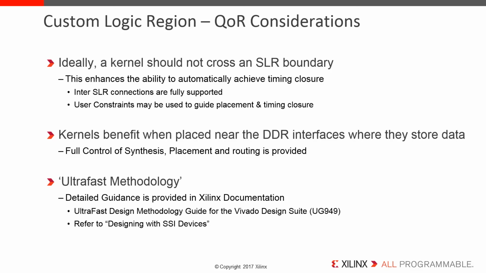These techniques allow the design to more easily and automatically close timing during logic placement and routing. Following recommendations is a good idea. However, even if your kernel violates any and all recommendations, the Xilinx UltraFast methodology guide shows how even the most challenging designs may be successfully implemented on the VU9P device.